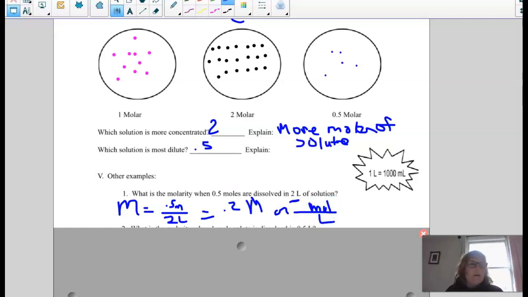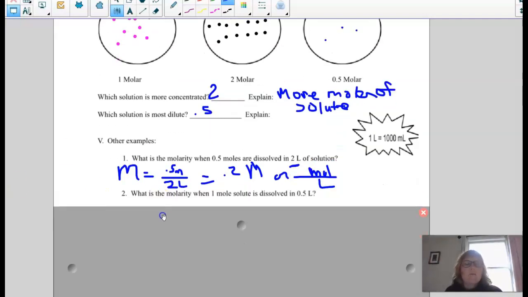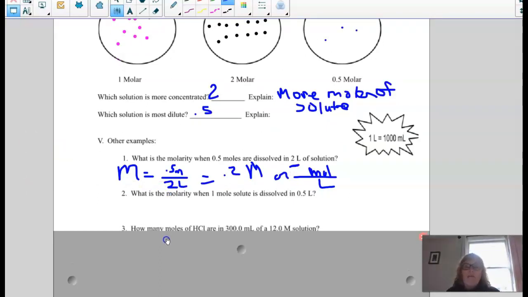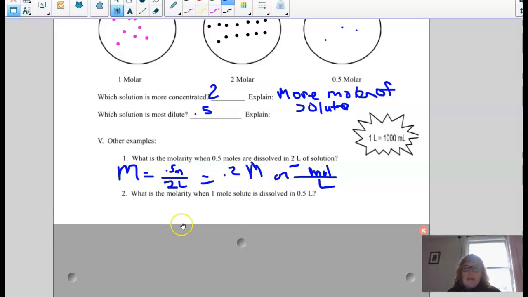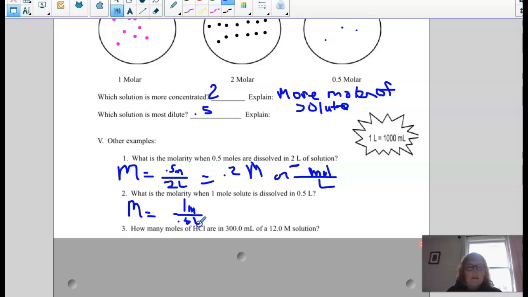Okay. Next problem, it says, what is the molarity when 1 mole of solute is dissolved in a half a liter? Well, same setup. So go ahead and set it up. Write down, trying to find M. So 1 mole over 0.5 liters.